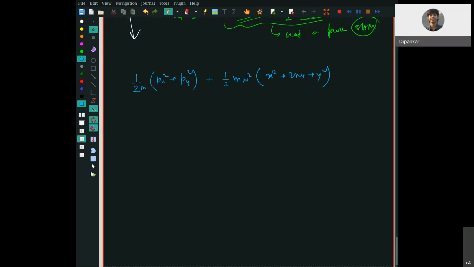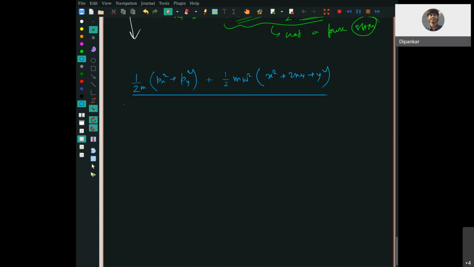Okay, so this is a two-dimensional problem, and you try to find out the energy eigenvalues for this system. And if you try solving it using just your two-dimensional harmonic oscillator, you might not be so lucky.